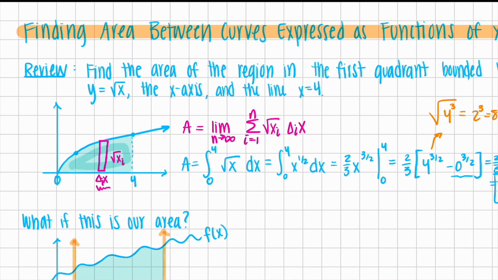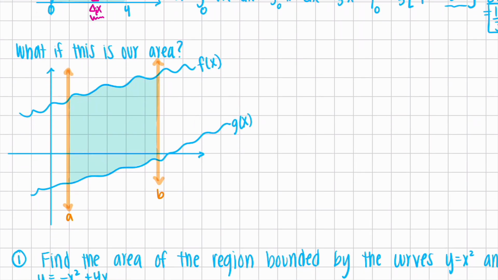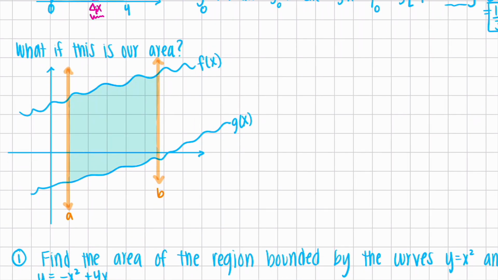So this is a little bit of a review, but I want to extend it to what if this was our area? So I'm used to integrating one function from a to b, and that gives me my area under the curve. But what if now I want the area between two curves?